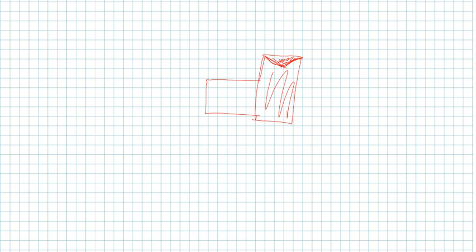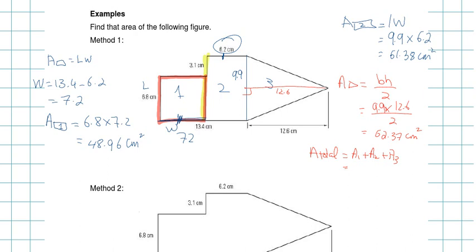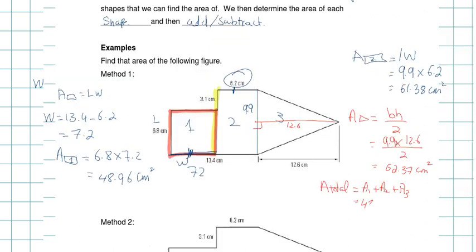So my total area here is 48.96 plus 61.38 plus 62.37, and that is going to be 172.71, and then the unit is centimeters squared.